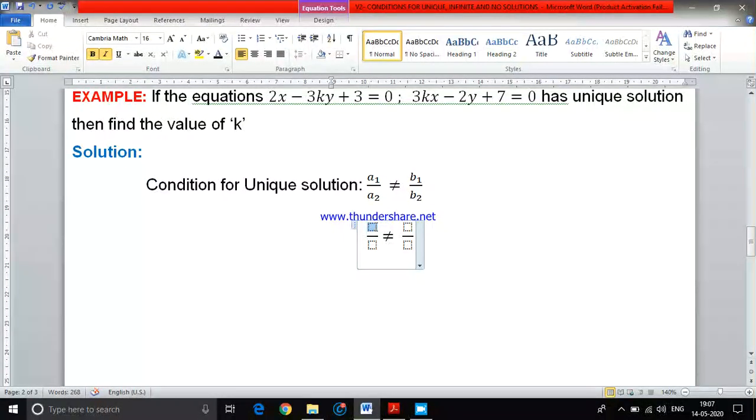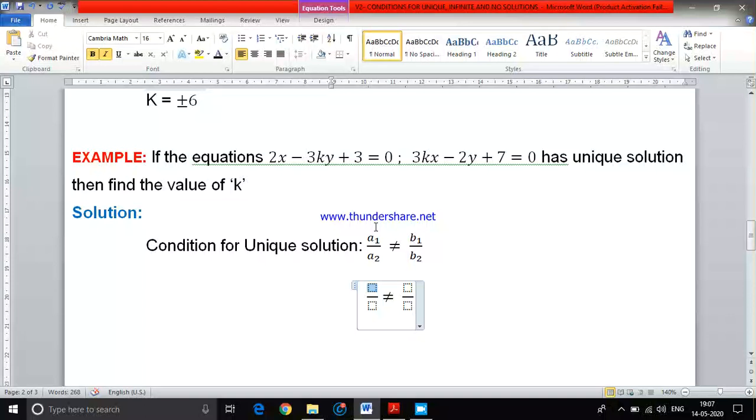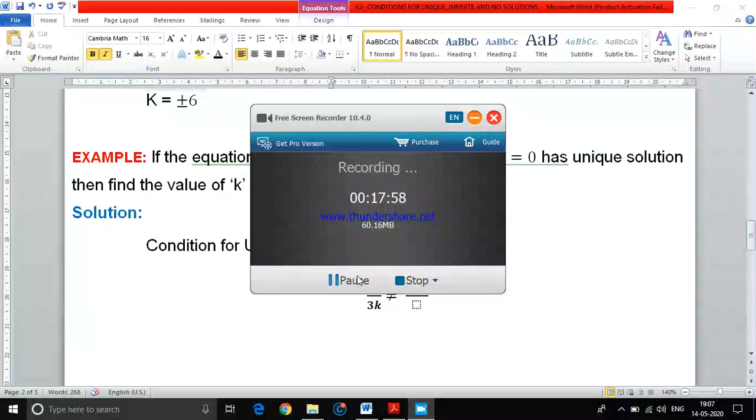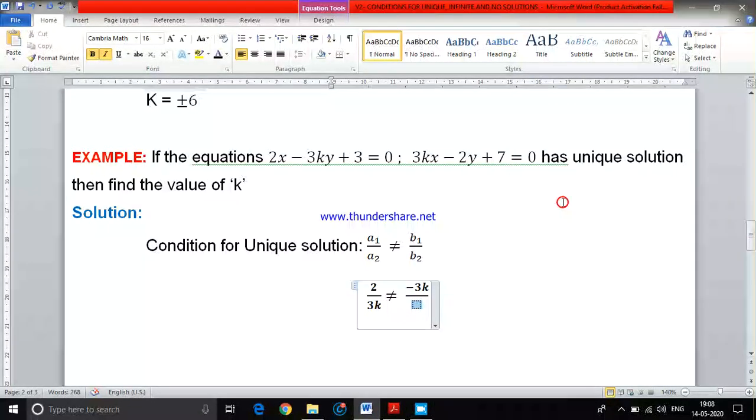So from the equations, a1 value is 2, a2 value is 3k, b1 value is minus 3k, and b2 value is minus 2.